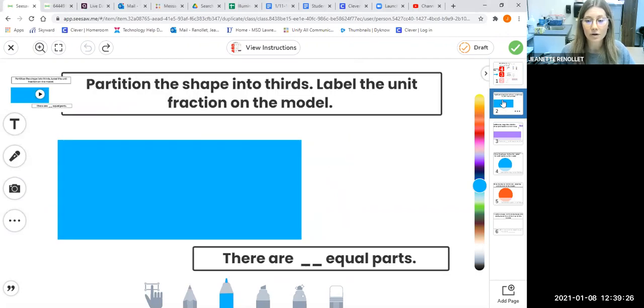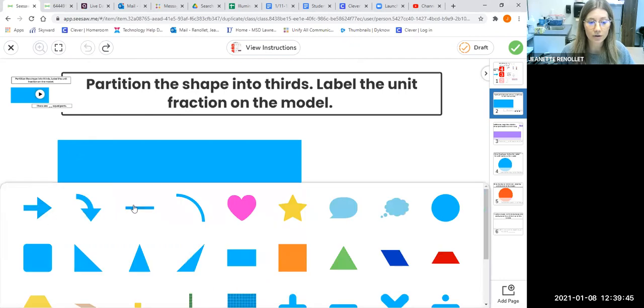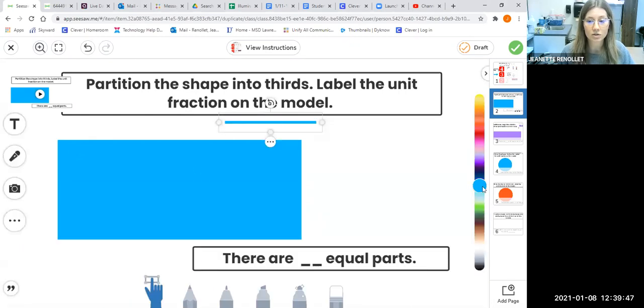You have the rest of the time for math today to show your understanding of how you can partition a shape. You can use the drawing tool to partition and to draw lines, or if you want to use the line tool with the shapes, you can do that, whichever way works best for you.